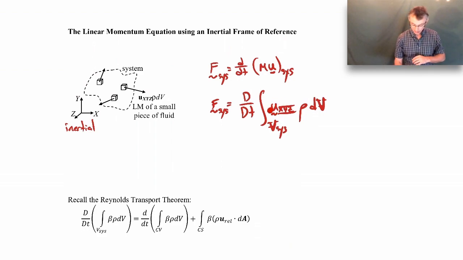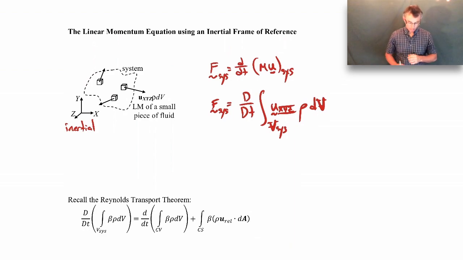So we have the velocity of the fluid element, the u(x, y, z). It's again the velocity measured using our inertial coordinate system, multiplied by the little bit of mass of that little piece of fluid. And that gives us a linear momentum, and then we add it up over the entire volume of the system. And that time rate of change of linear momentum will equal the net force acting on that system. So that's just Newton's second law written for a system.